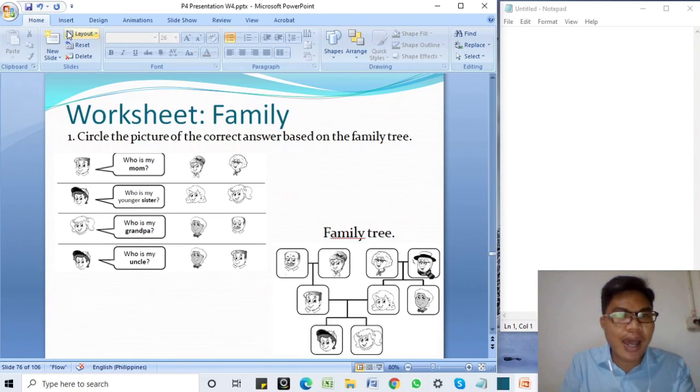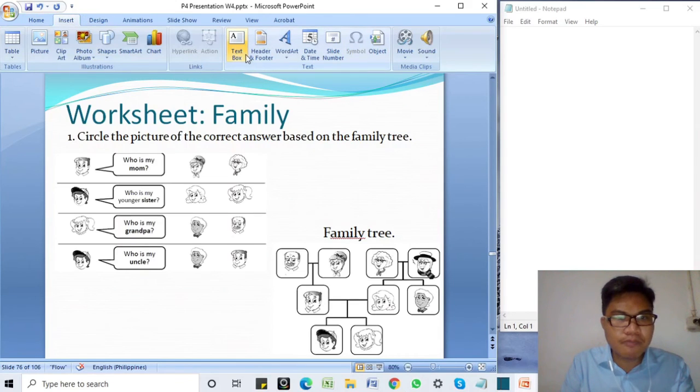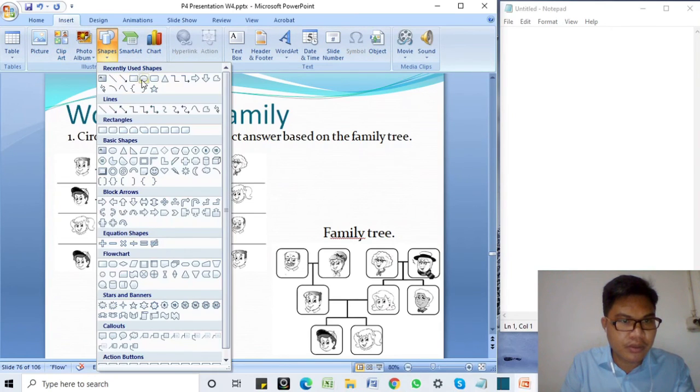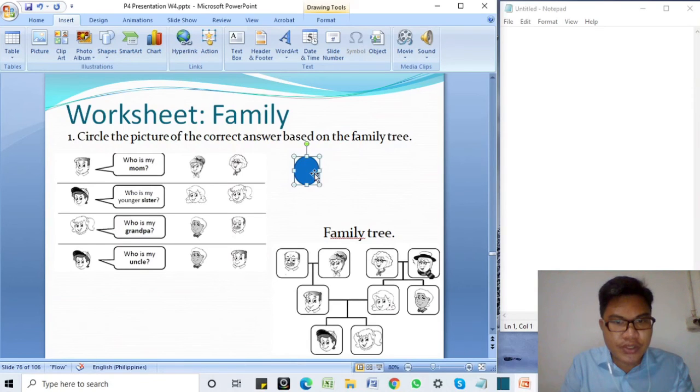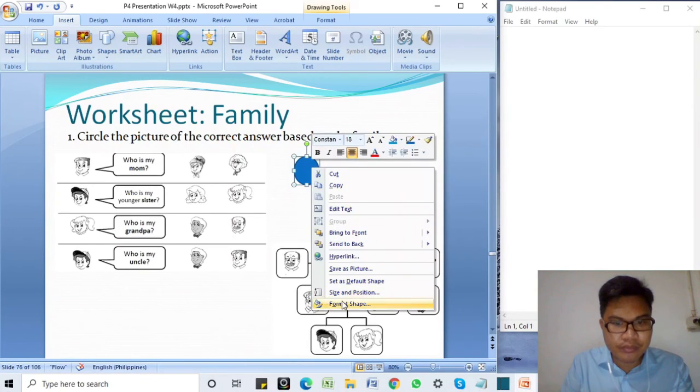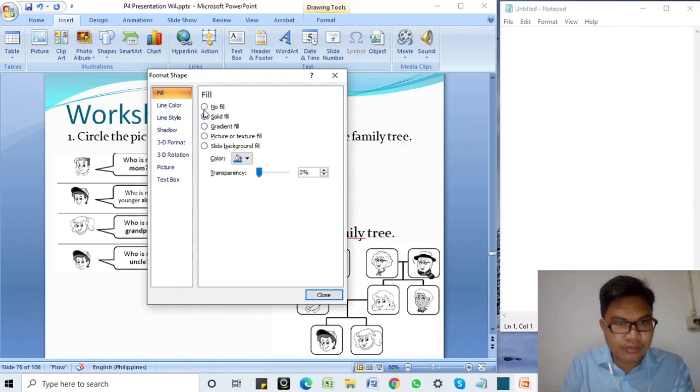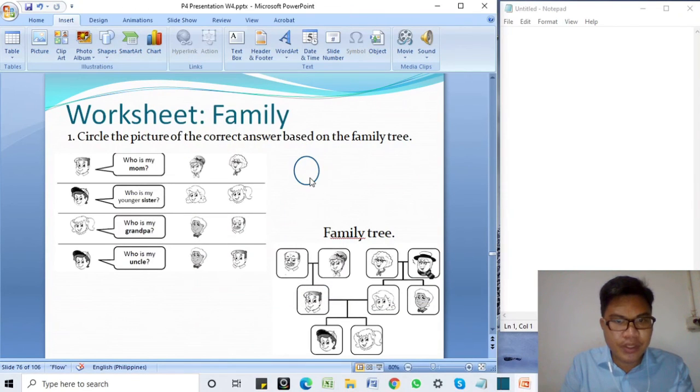So you have to write. What you're going to do is, let's see where can I find the shapes? Okay, you're going to circle the correct answer.